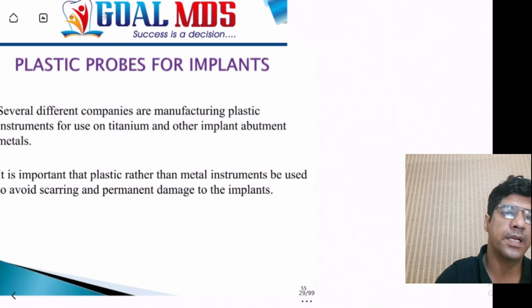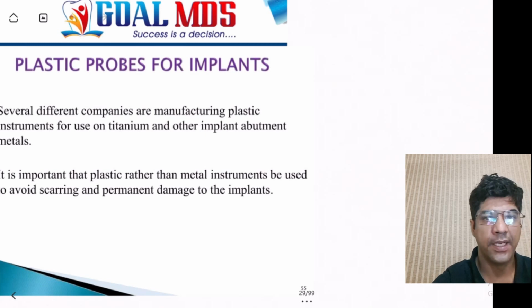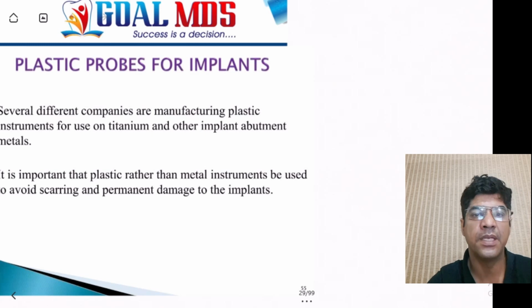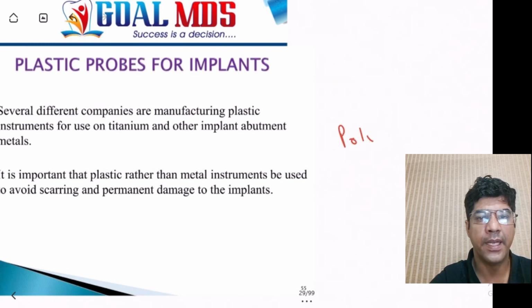Unlike the traditional metal probes, plastic probes are made from non-metallic material. That minimizes the risk of scratching or damaging the implant surfaces. The plastic probes are made from medical grade polymers or plastics.